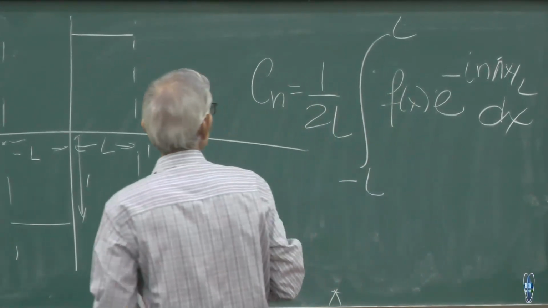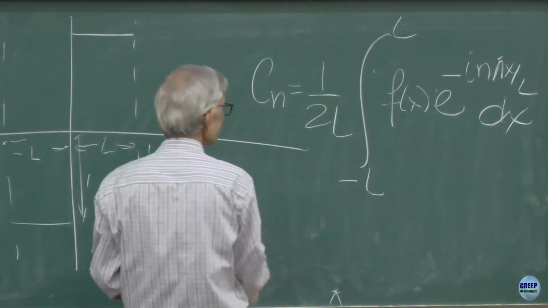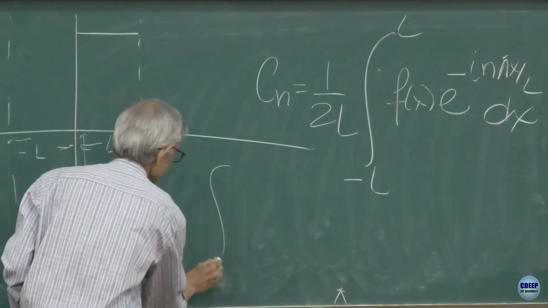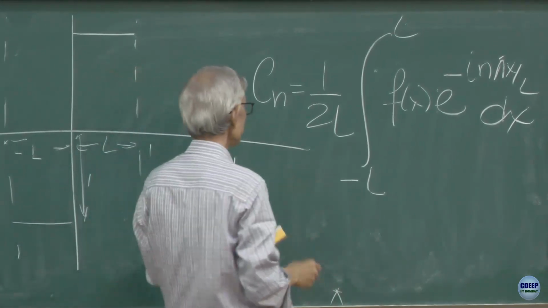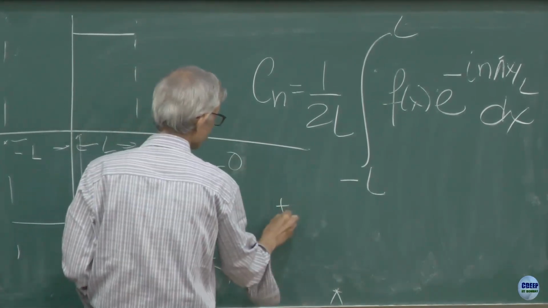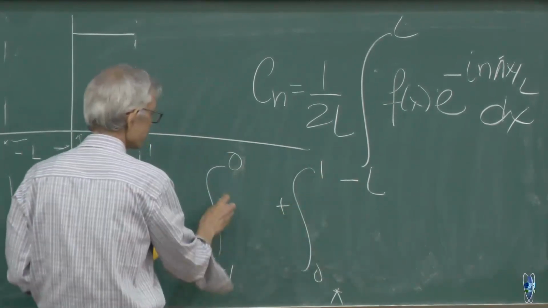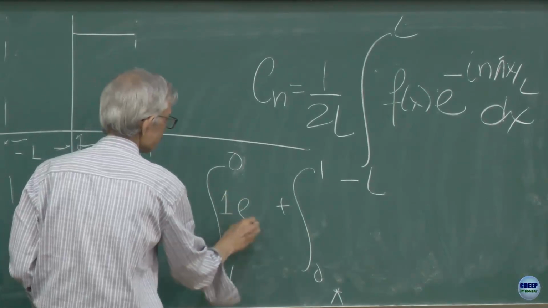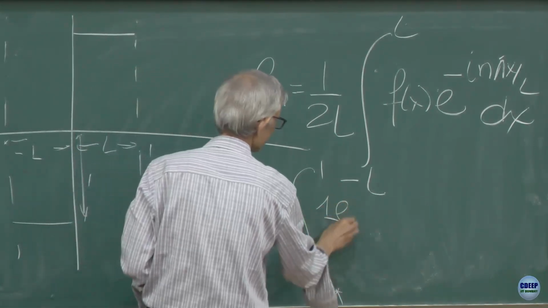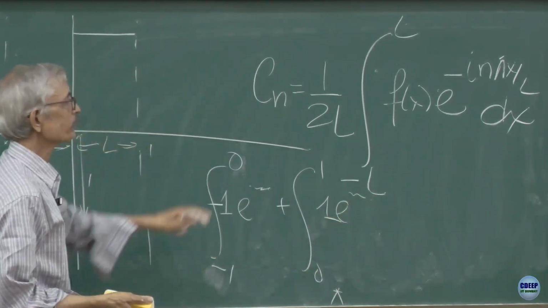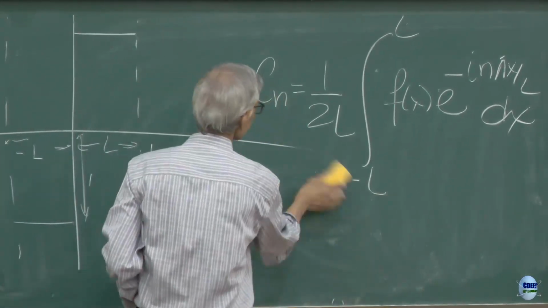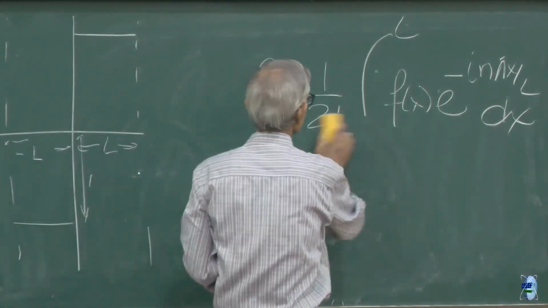All you need to do is go from -1 to 1 for f(x), so you go from -1 to 0 and then 0 to 1. Here f is -1 and here it is +1, times e to the power dot dot, and you go ahead and perform the algebra, and when you do, you get the following.